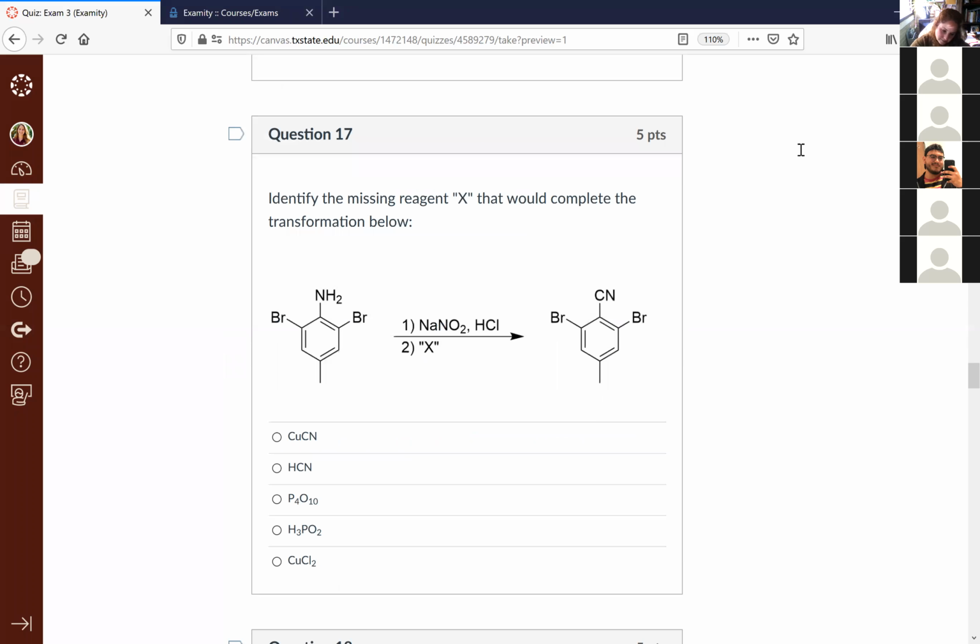Okay, question 17. Identify the missing reagent X that would complete the transformation below. So in the first step, we have sodium nitrite and hydrochloric acid. What are we doing here? This is the same as doing a reaction with what?